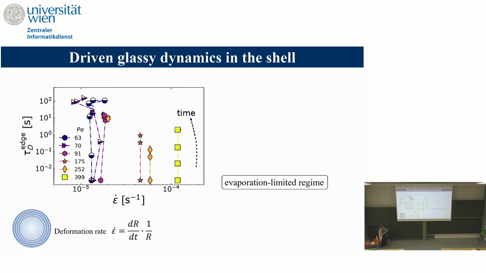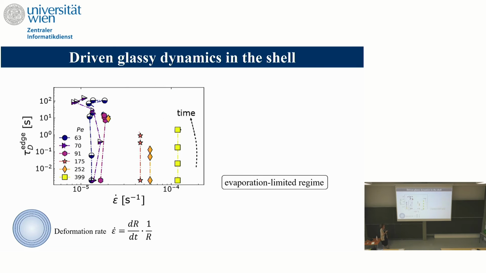And how can we look at that? We say this is the important parameter, so we plot our data, the relaxation time at the edge, as a function of this parameter. What we observe, for different Peclet numbers: at the beginning of the evaporation, we have vertical lines. What does it mean? It means that epsilon dot, the evaporation rate, is constant.